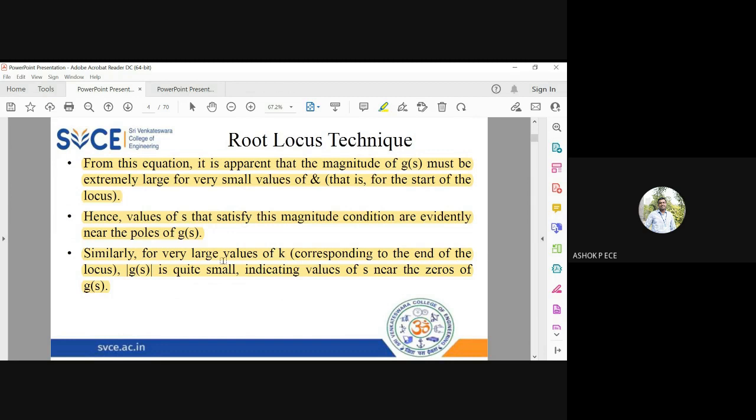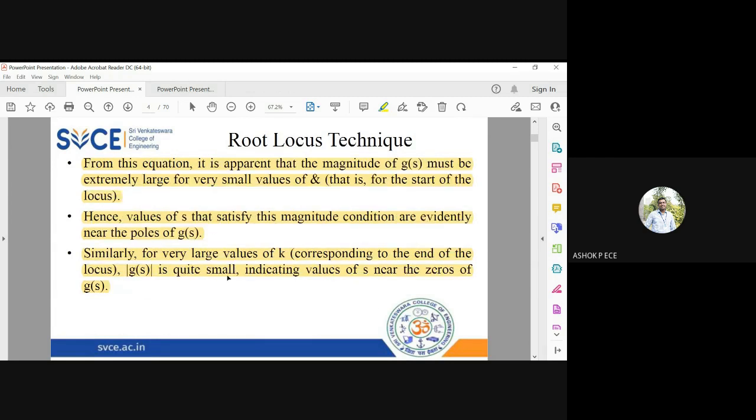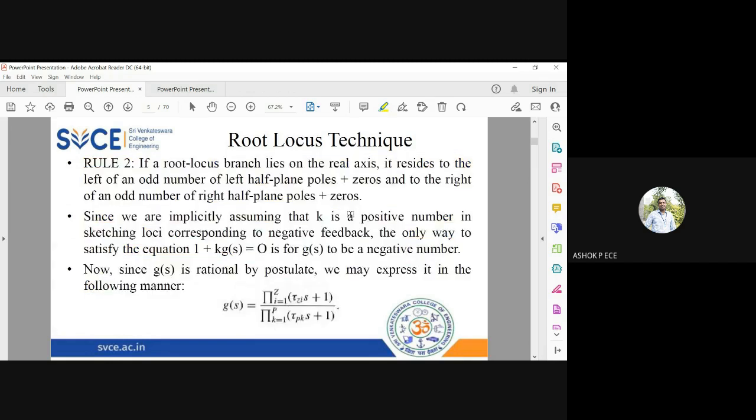That is why we take the condition G(s) equal to 1 by K. G(s) and K are inversely related. When the value of G(s) is large, it denotes the poles. When the value of G(s) is very small, it denotes the zeros. So this rule states that the root locus will start at the poles and end at the zeros. That is rule number one.